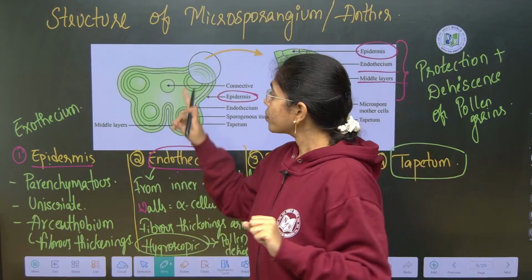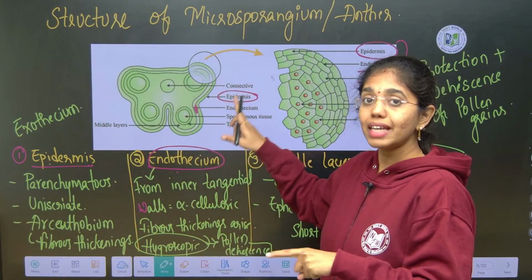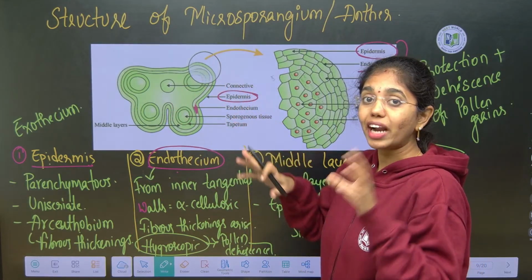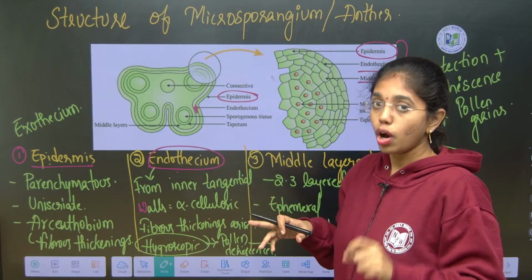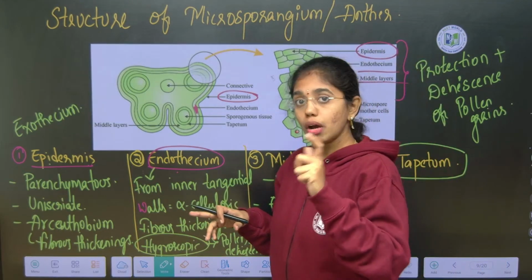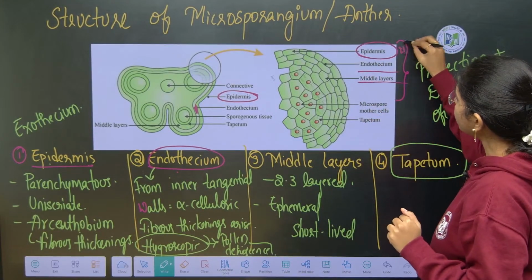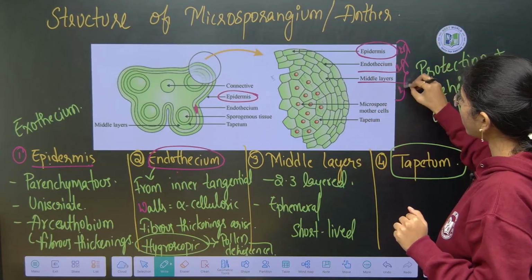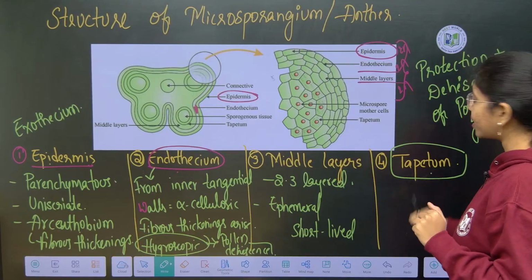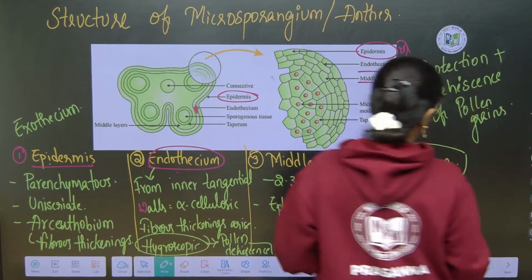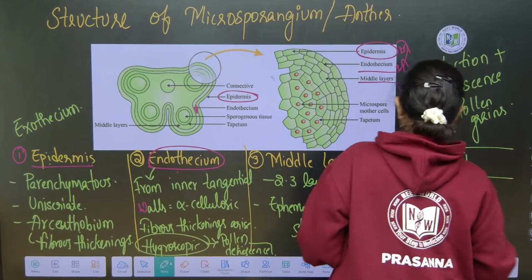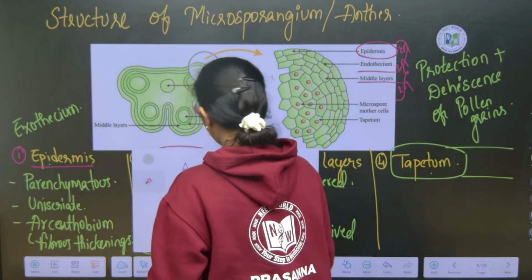The anther is diploid, filament is diploid, stamen is diploid. So, among the anther wall layers, epidermis is diploid, endothecium is diploid, middle layers are diploid, but tapetum is polyploid in condition.